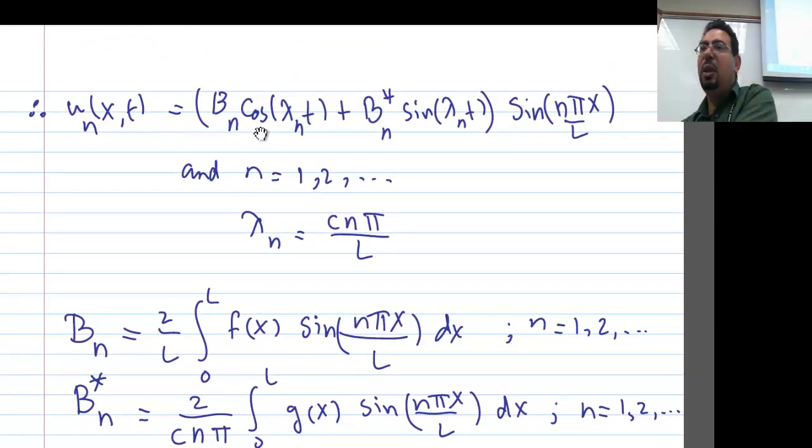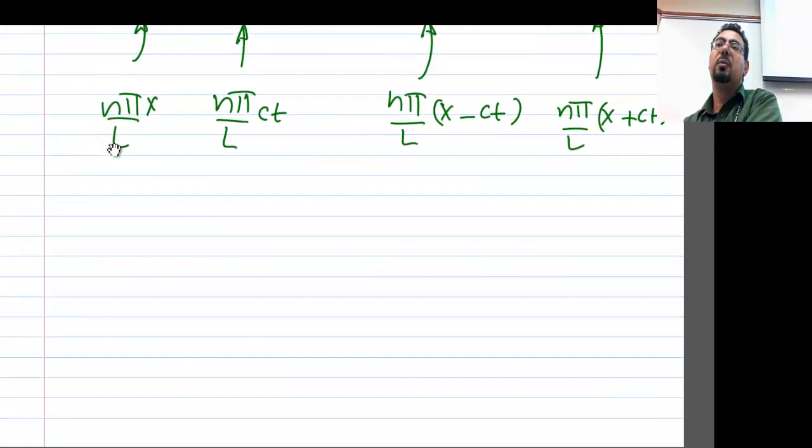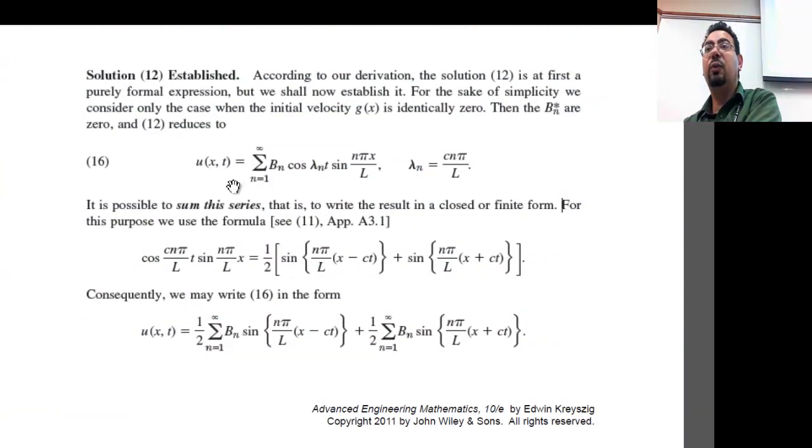There was b times cosine times the sine, and we get those bn by doing the Fourier transformation for f of x, just like what you were trying to do today in this quiz. You had the f of x and you were trying to do that integration. That's exactly what you were trying to do. So once you had your bn multiplied by cosine times the sine, that's the u. So you are kind of done right now.